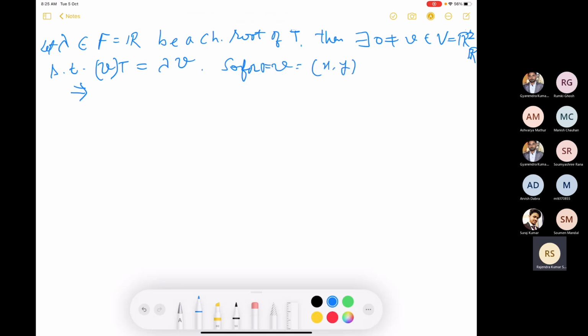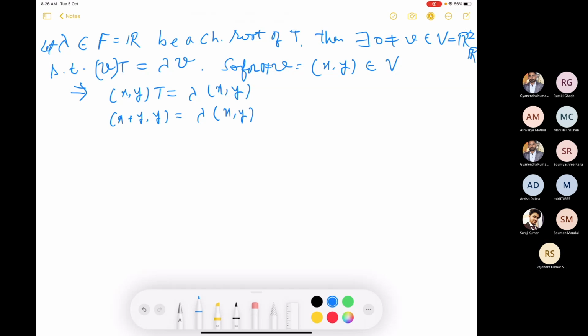So this is non-zero in V. This makes (x, y)t equal to lambda (x, y). And T is defined as (x plus y, y) equal to lambda (x, y), and that means this is (x plus y, y) equal to (lambda x, lambda y). Good.